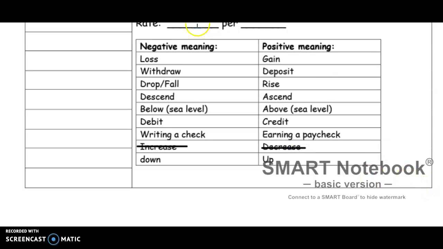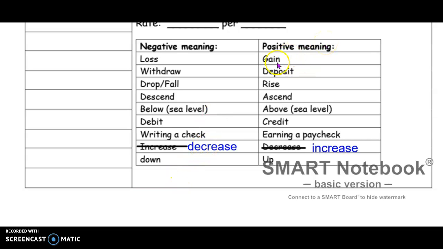Those need to be switched. So it should be decrease, not increase. Decrease would have a negative meaning. And then down. So these are all words that, and this may not cover every word that you'll see in a word problem, but these are some great starting points for negatives.